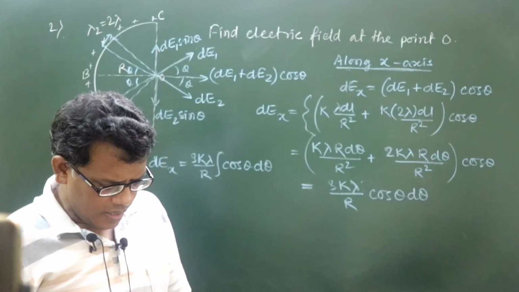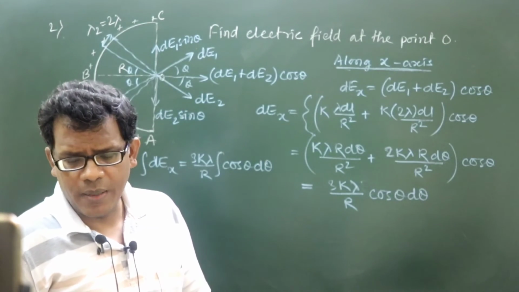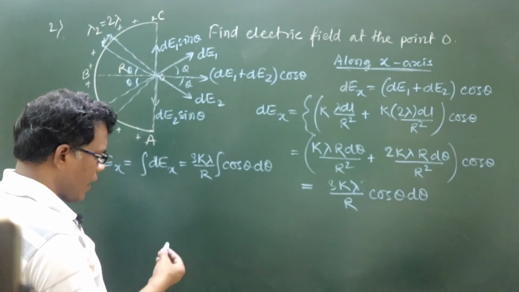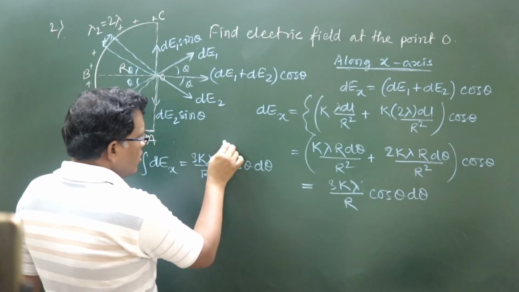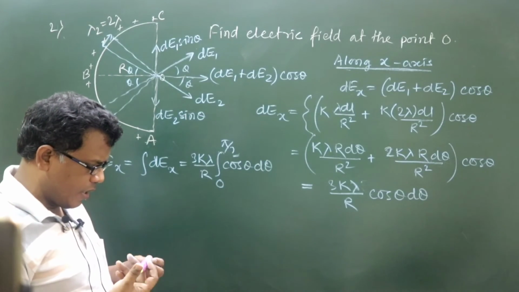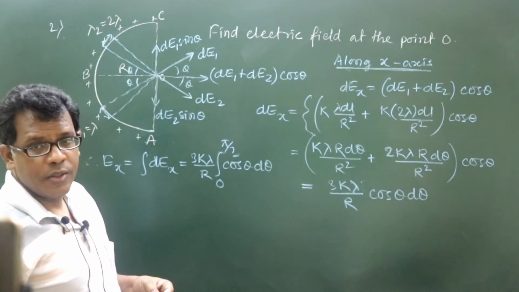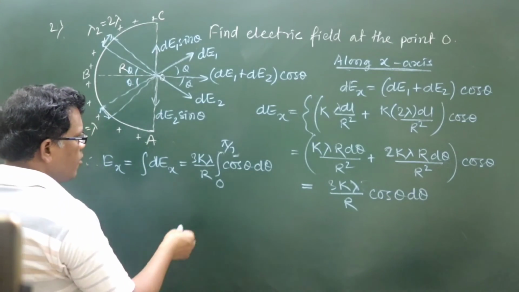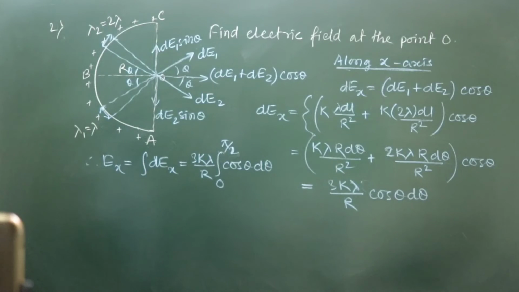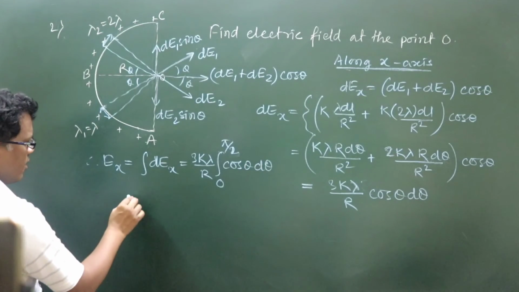So again the limit of variable theta can be used from 0 to pi by 2. Integrating cos theta will be sin.